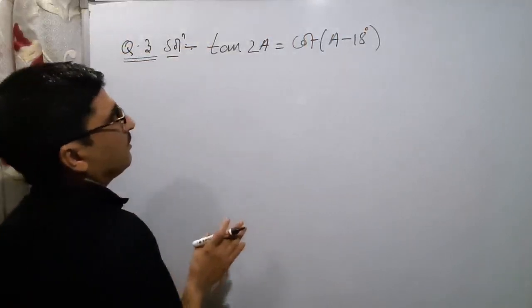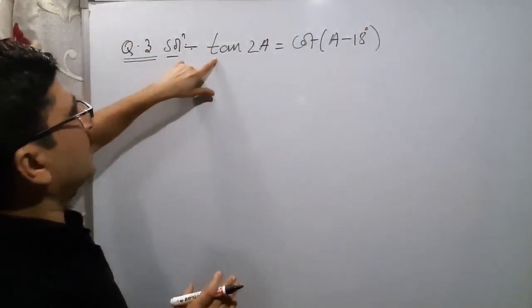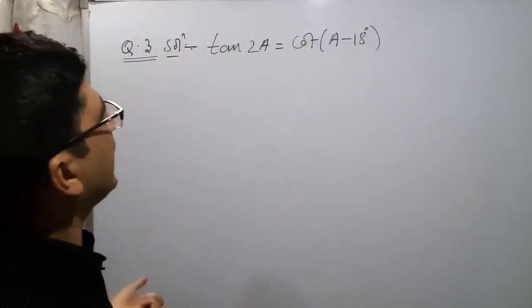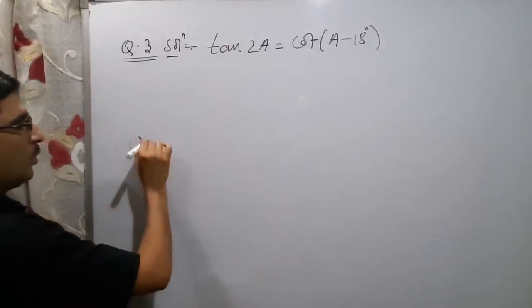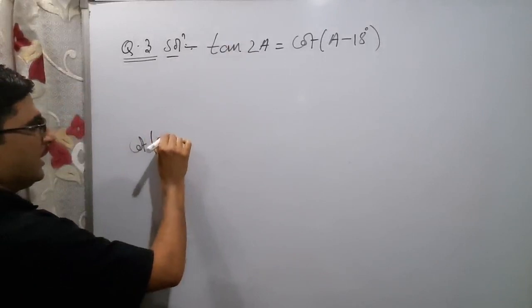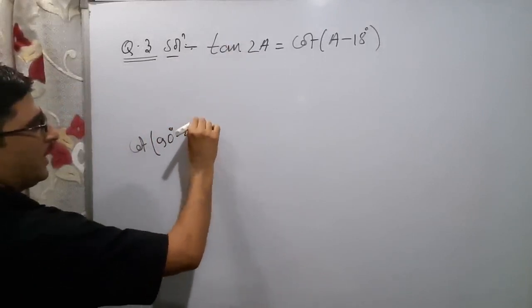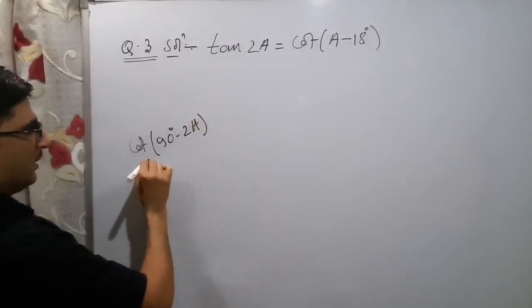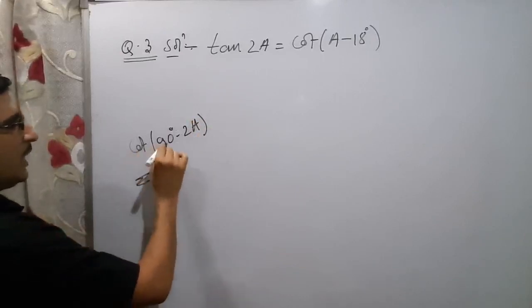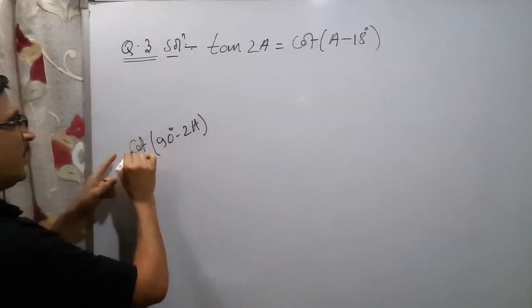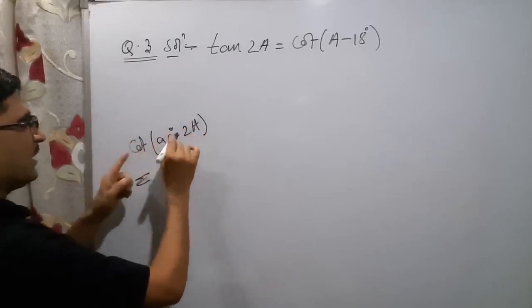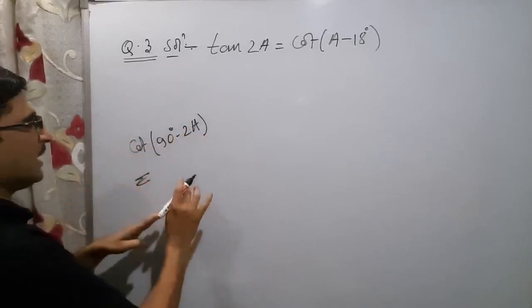Now to do this, suppose tan 2a, how can I write tan 2a? You check here, cot 90 degree minus 2a equal to what? According to the complementary relation, cot 90 minus theta is tan theta.